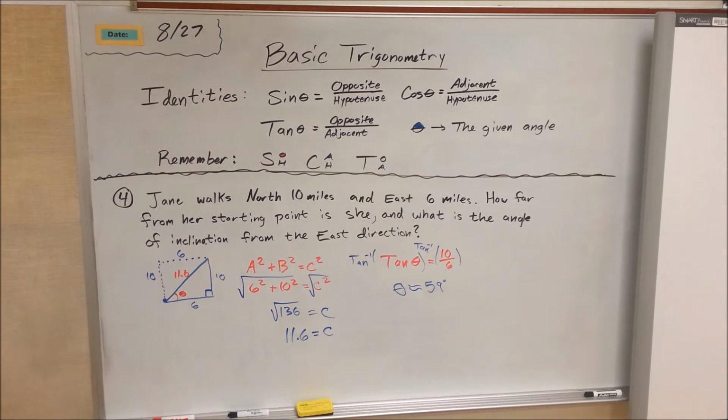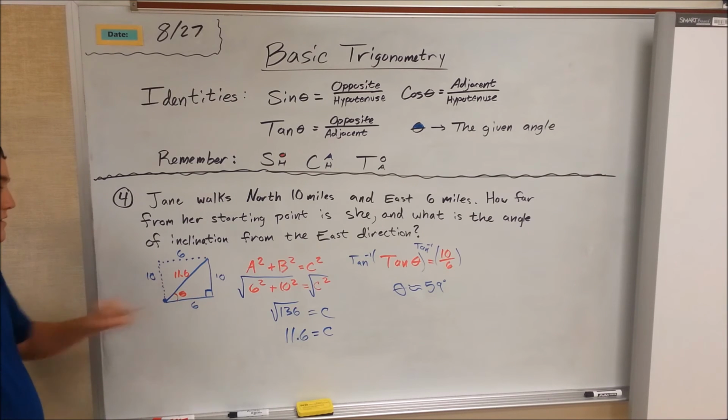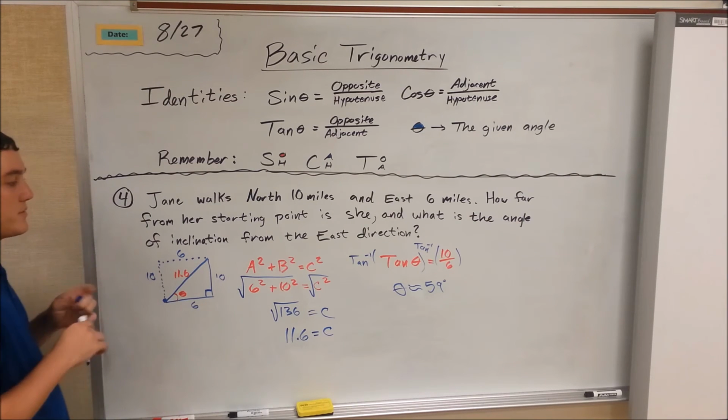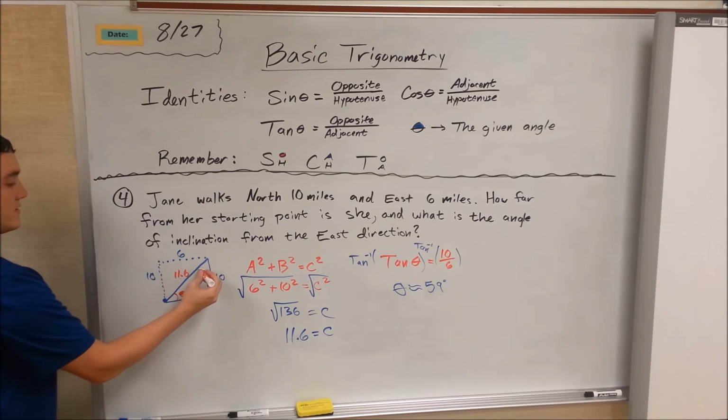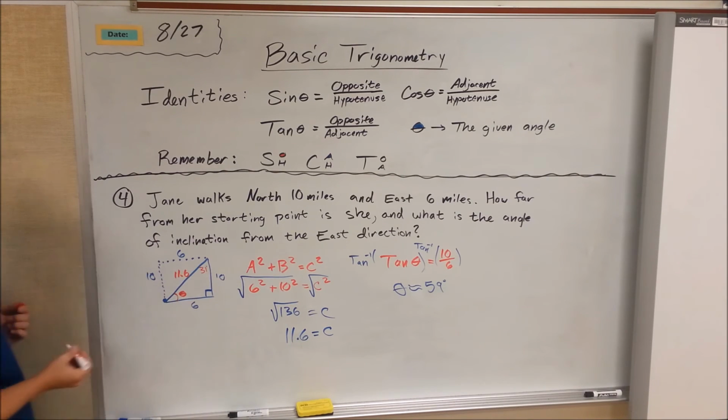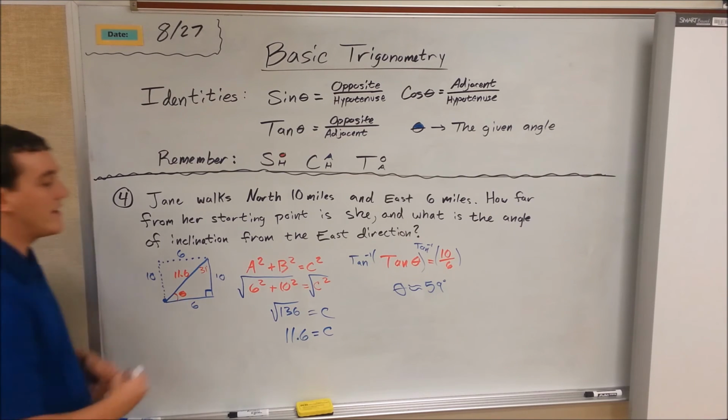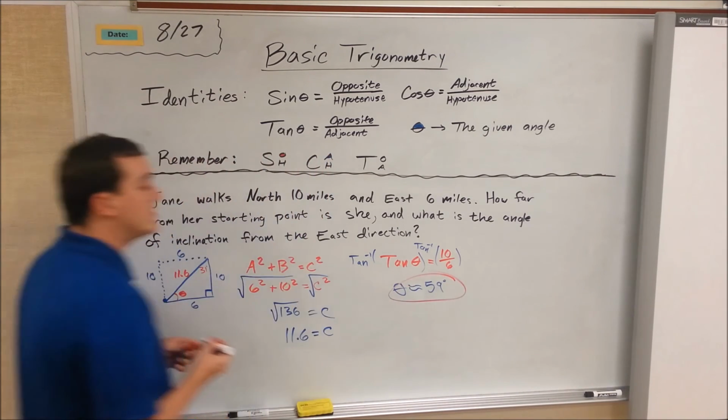So if theta is 59 degrees, and we know this is 90 degrees, this should be 31 degrees up here. So that's our other angle. So this is 59, this will be 31, if we need it. It didn't ask for it. It was just asking for our theta, our angle of inclination from the east direction.